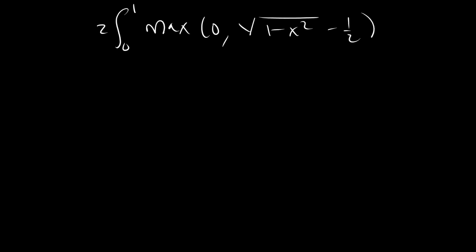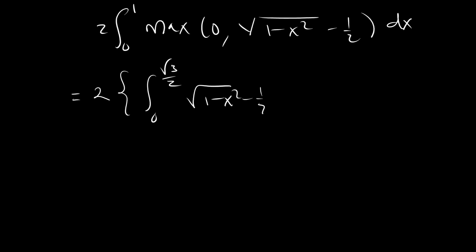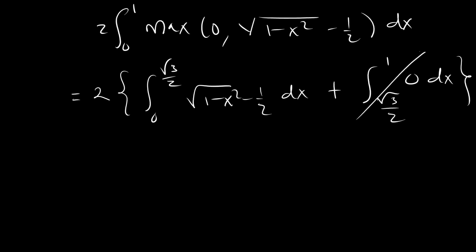So in other words, since we've come to a point where our integral is this, that's the same as twice the integral from 0 to root 3 over 2 of the square root of 1 minus x squared minus a half, plus the part from root 3 over 2 to 1, which goes to 0.